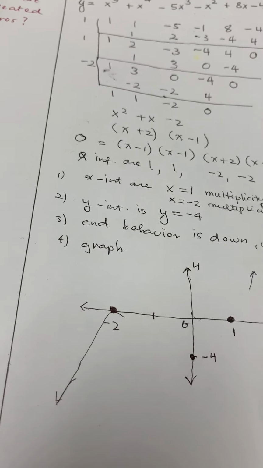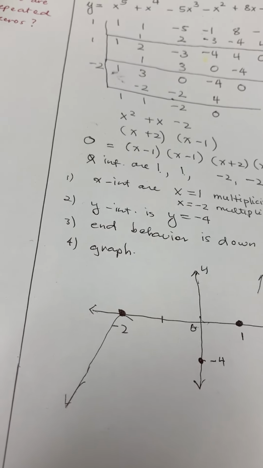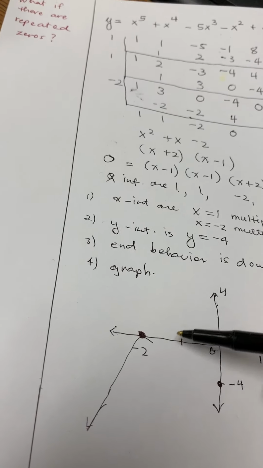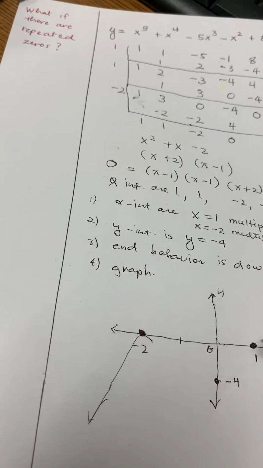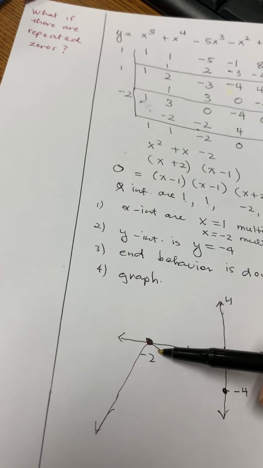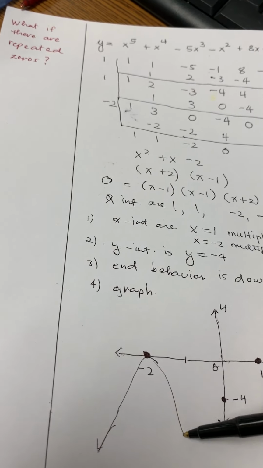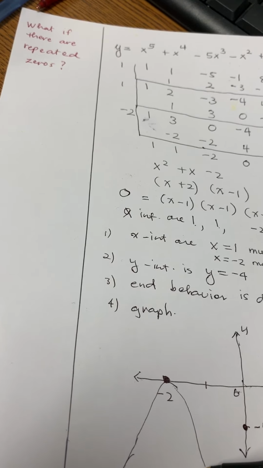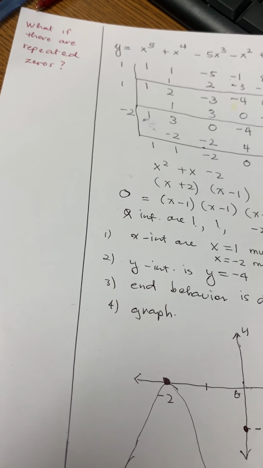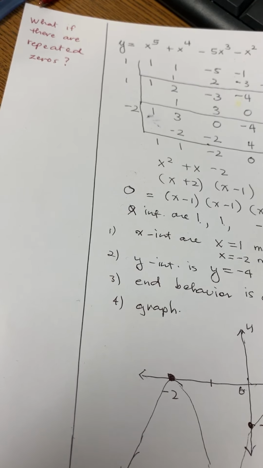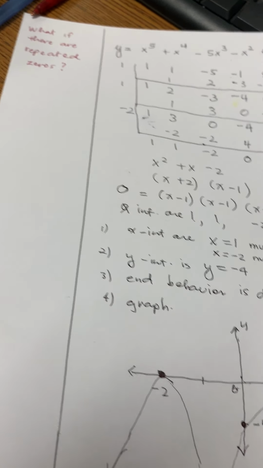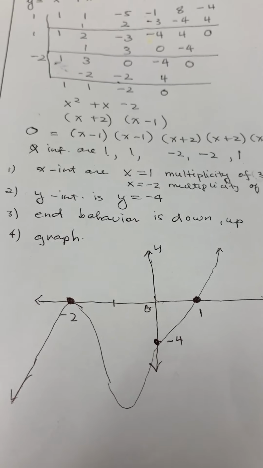Or if you are above the x-axis, then you stay above the x-axis. And then we're going to cross here and cross here. So let's say something like this. Okay, something like that.